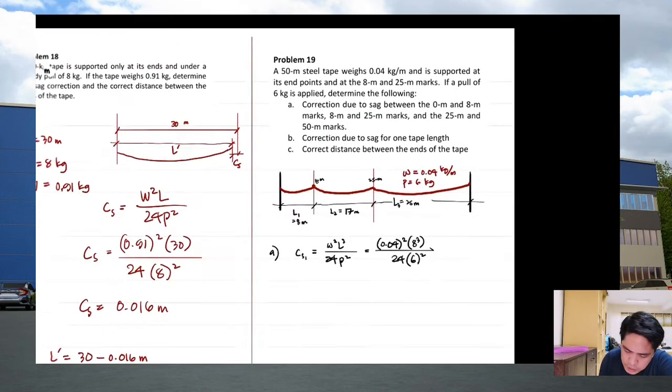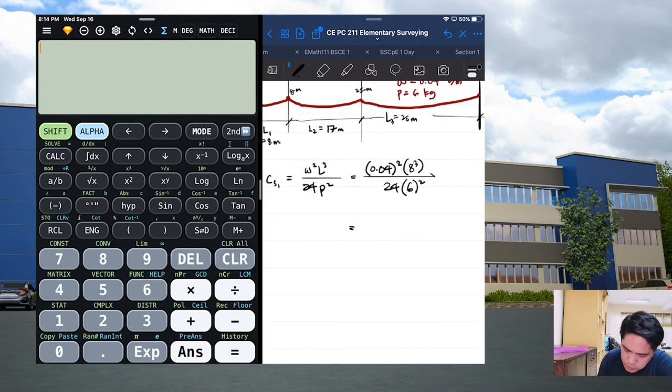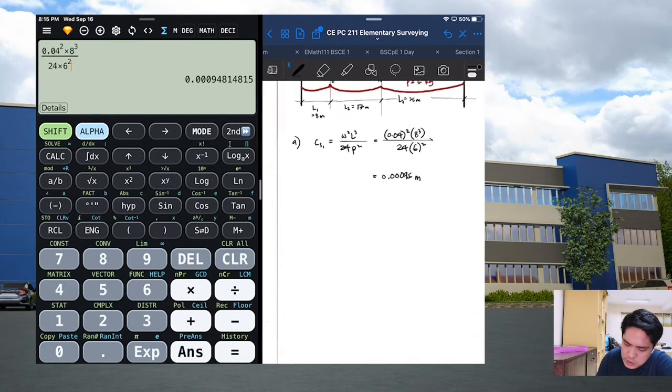So 6 is given in kilograms, so okay na. We don't need to convert. So using our calculator, we have 0.00095, 5 decimal places, that would be in meters. So that's C1.